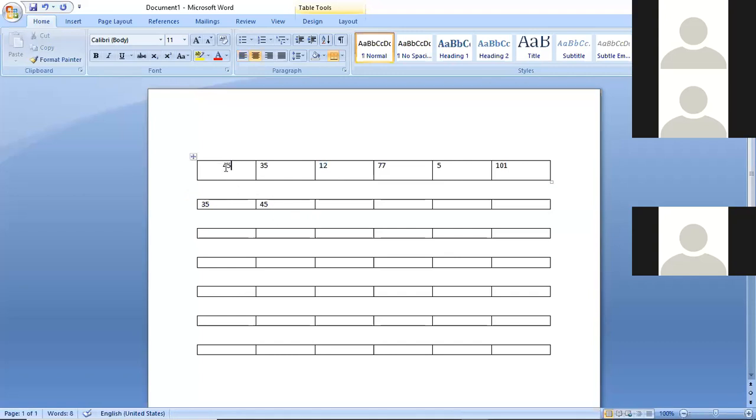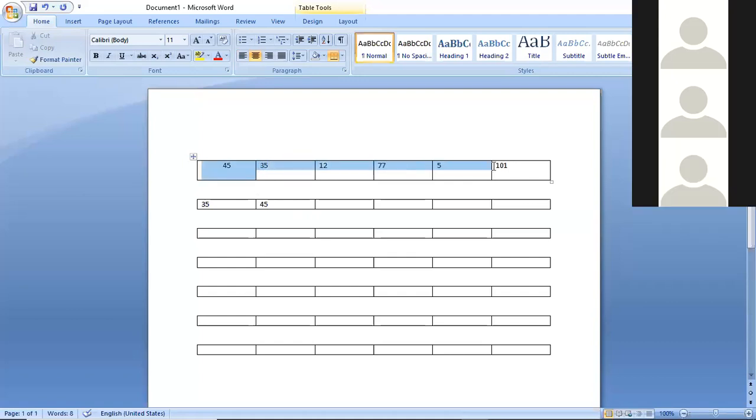So this is after the first pass. These are the elements we had. Okay, the maximum element, that is 101, is placed at its proper position. So we are supposed to start the iteration one more time. Then we compared 45 with 35.